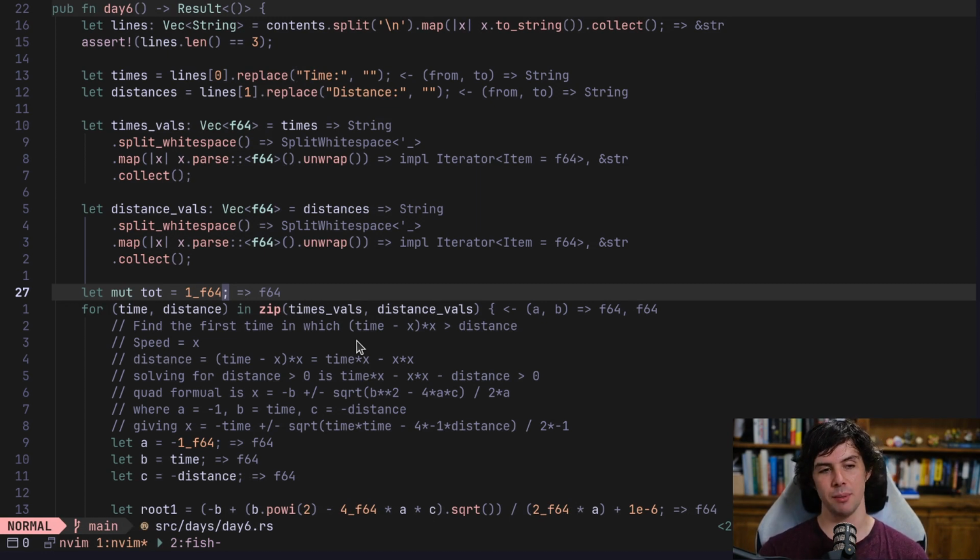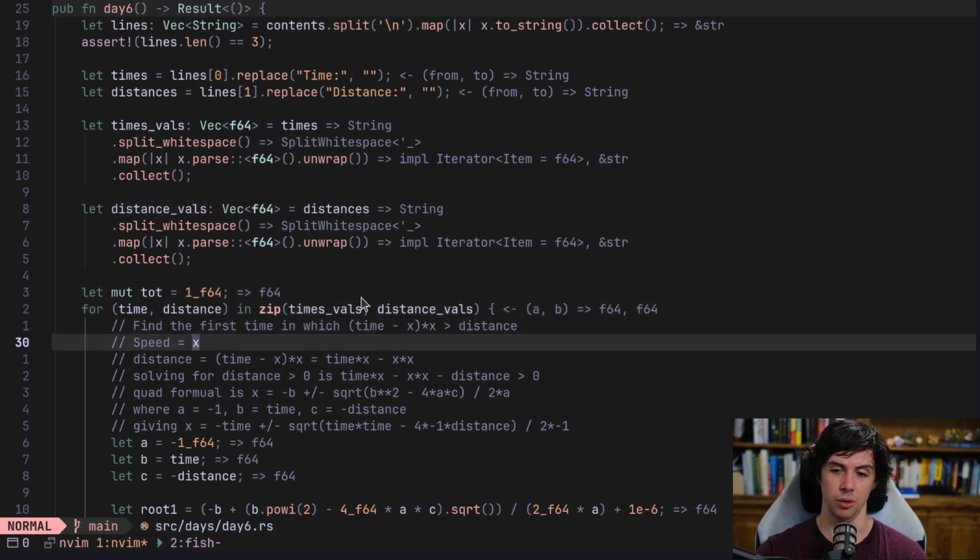We have some number of milliseconds, let's say that's stored in a variable called time, that we have to play with. And we can think about how long we hold the button down as some value, x. And we say, look, the speed our boat's going to travel at is x, because we've held our finger down for x seconds.